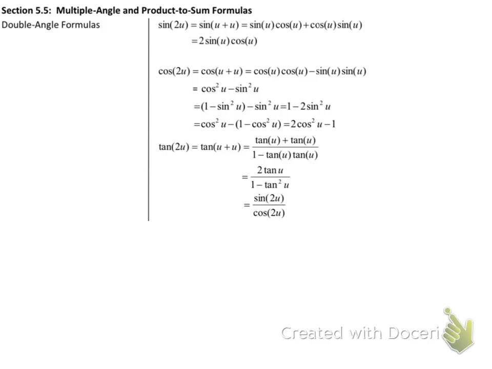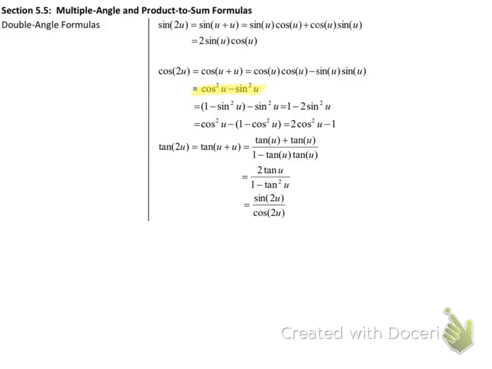Now cosine, because it results in cosine squared minus sine squared, has a couple of derivations. You can use cosine squared minus sine squared, which I'm a big fan of. That's the one I lean towards, and I'll explain as we go why.